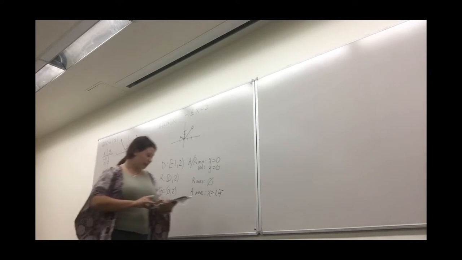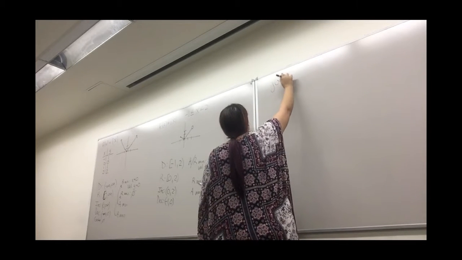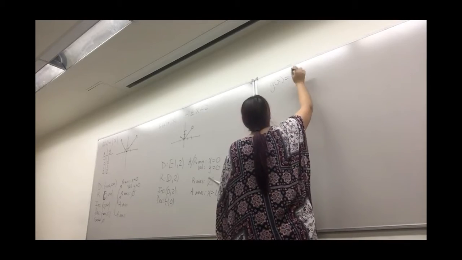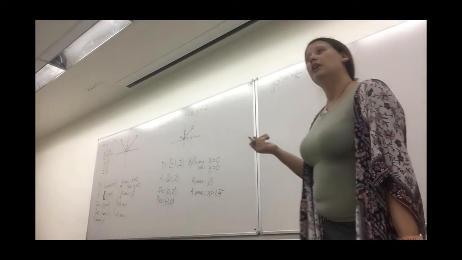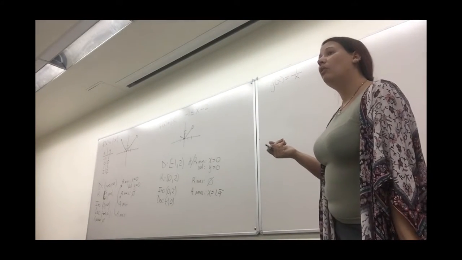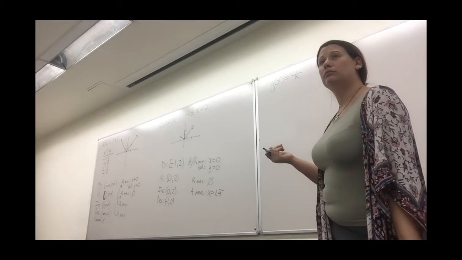So the next one is g of x equals 1 over x. This is called the reciprocal function, because it's literally the reciprocal. So where do we start?